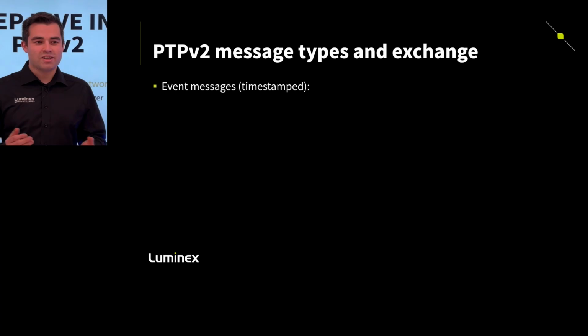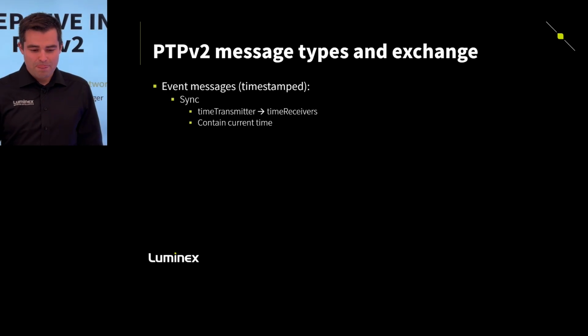Therefore, a collection of different messages is being used in the PTP protocol. The first important group of messages are the event messages, where timing is very critical, and therefore these messages need to be time-stamped. The first message type is the sync message. It goes from the time transmitter to the time receiver, and it will contain the current time value.